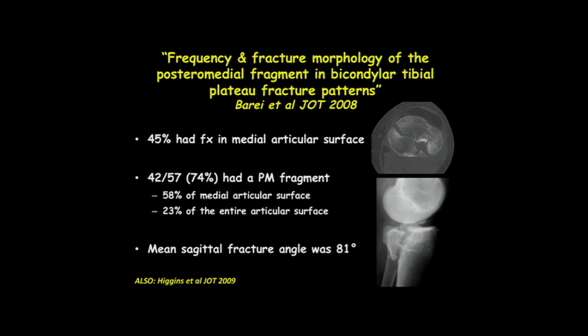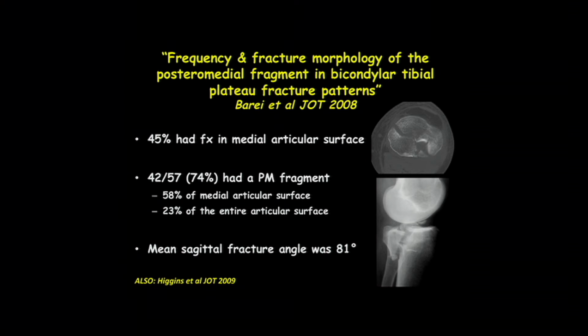The rest had their exit on the medial side out through the metaphysis as opposed to the articular surface itself. And of the 57, almost 75, 3/4 of them had a posterior medial fragment as opposed to that entire medial piece. And this took up a large portion of the medial articular surface, and the fracture itself was quite vertical.